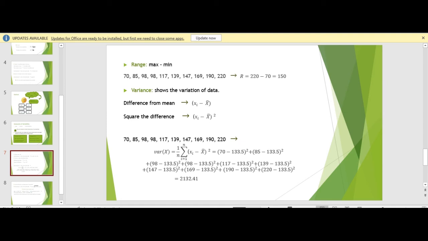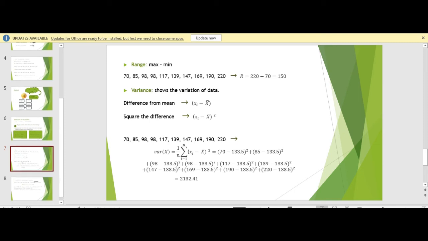Then for each number, subtract the mean. We would take 70 minus 133 and so on. Then we square the difference and calculate the average of the squared differences. And the variance of our data here is equal with 2132.41. So it was the variance of the distribution.